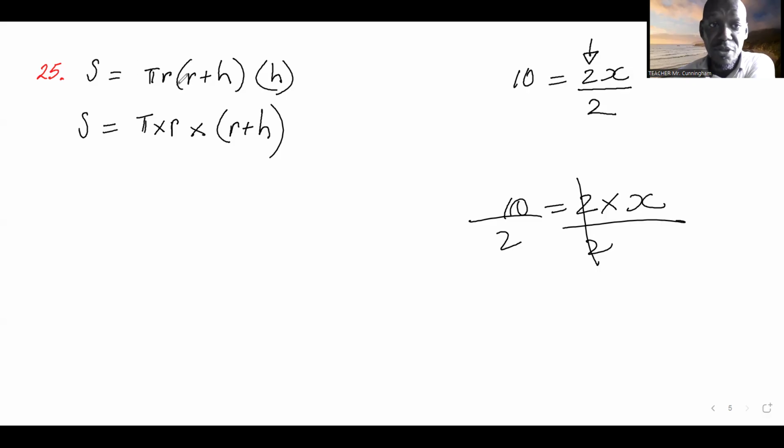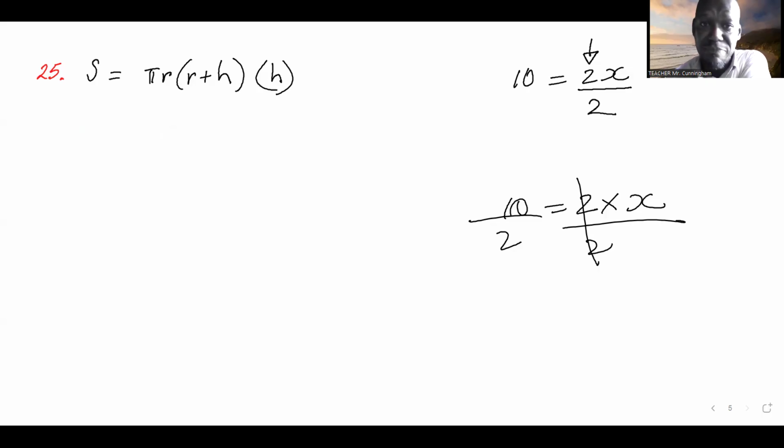I'm saying we have everything here multiplied. It's pi multiplied by R multiplied by R plus H. So what do we divide by? Make a guess.